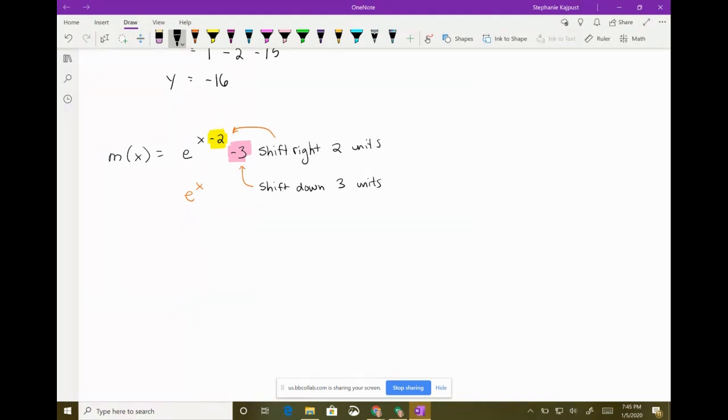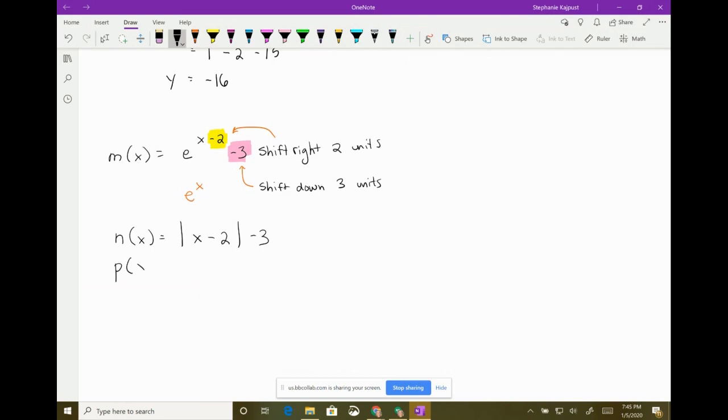So those are the kind of transformations you may see, and you could have functions with those same transformations that are not, say, e to the x. Let's say you had an absolute value function. With the same transformations, you have the absolute value of x, so that minus 2 happens inside with the x, and then the minus 3 would be after it.